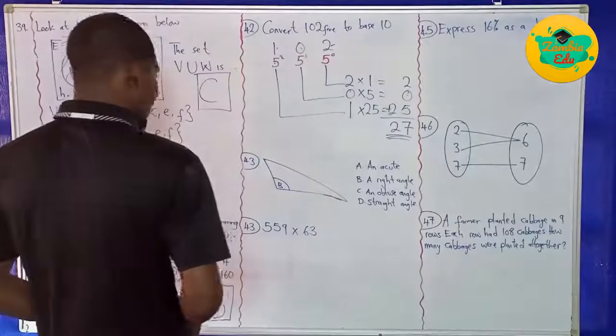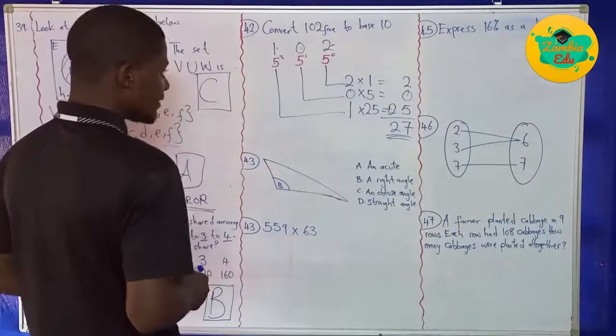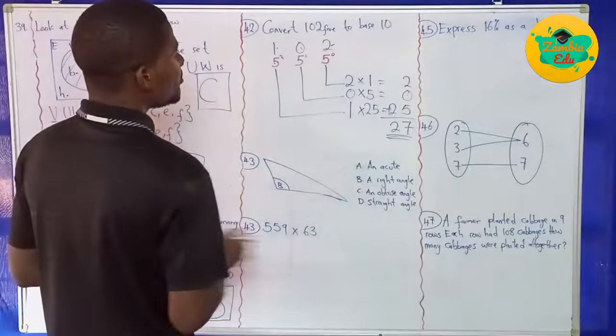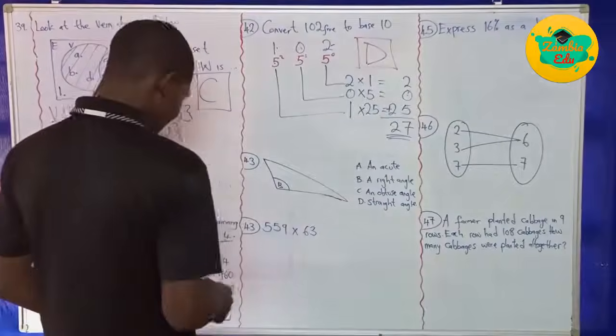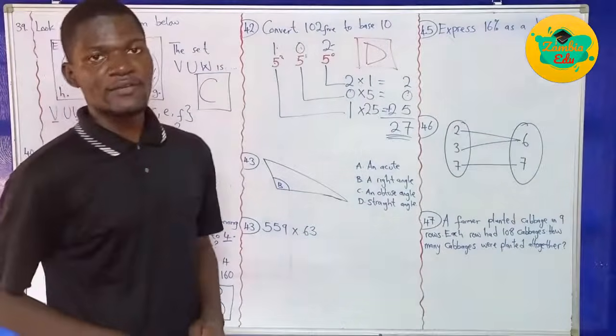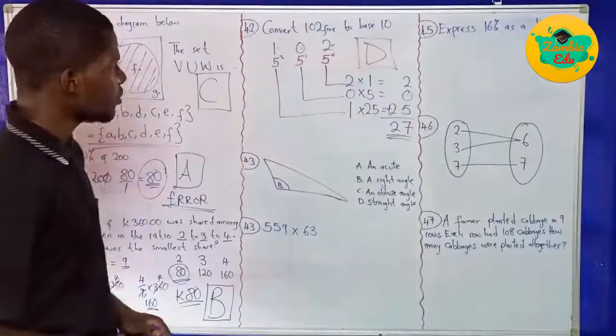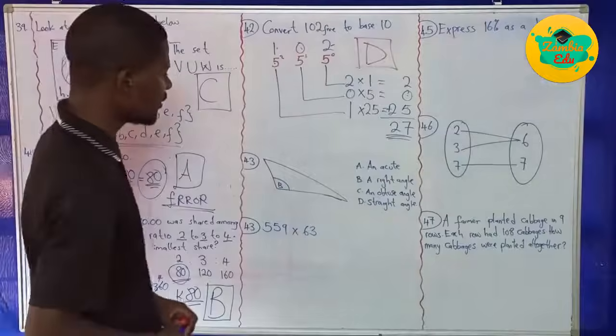And if we look at the answers that we had on this question, we notice that 27 was represented as option D. Therefore, we can safely conclude that the answer for question 42 was D. We quickly move on to question 43.